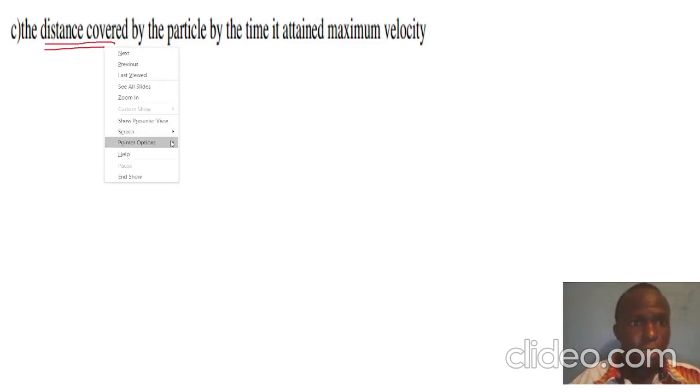Calculate the distance covered by the particle by the time it attained maximum velocity. Now, what is distance? Let me use a highlighter here. What is distance? And what are we talking about when velocity was maximum?